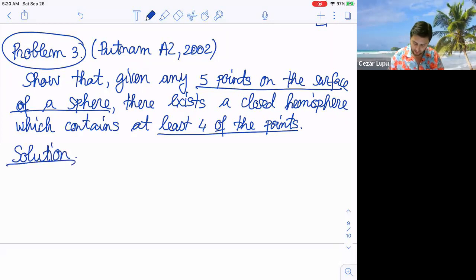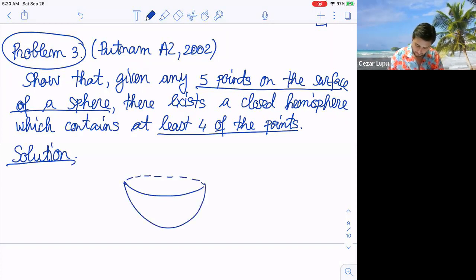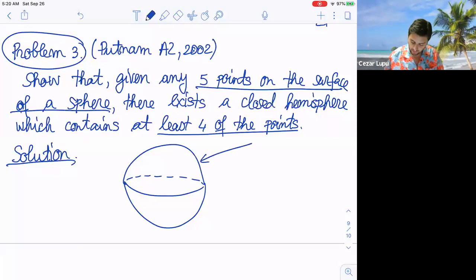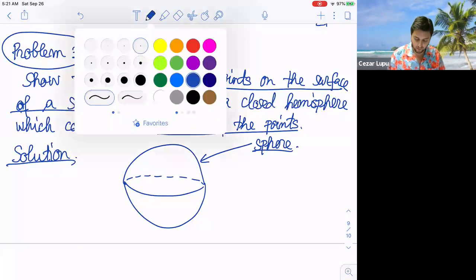So I have the sphere. Let's just say this is a sphere. Well, it doesn't quite look like one, but let's just say that's the sphere. And suppose we have 5 points somewhere.